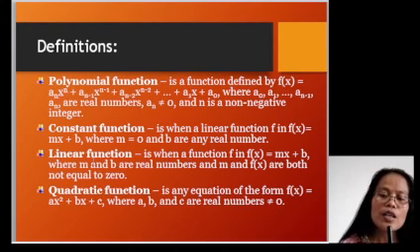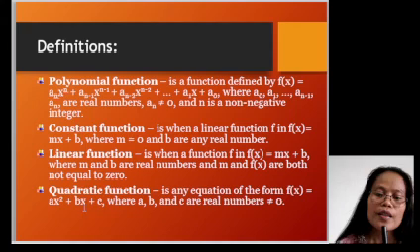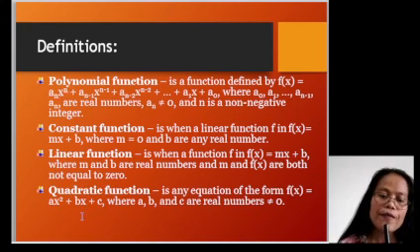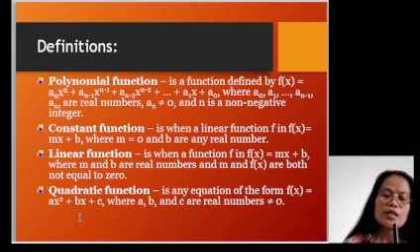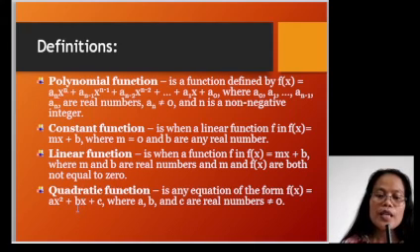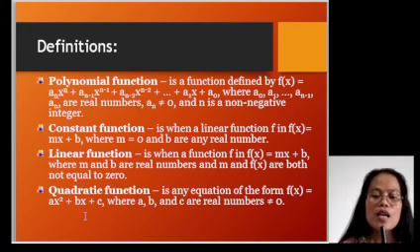That's a linear function. And the third is the quadratic function. A quadratic function is any equation of the form f of x equals ax squared plus bx plus c, where a, b, and c are real numbers and a should not be equal to 0.